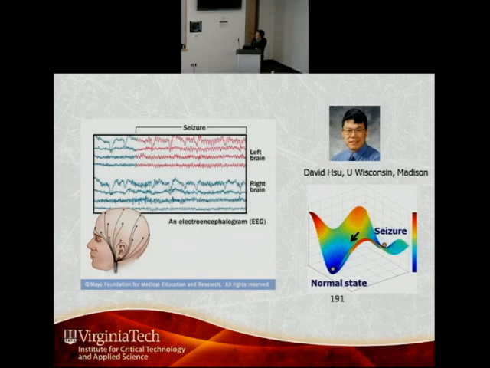So I talked with this neurologist, David Hsu, at Wisconsin Medicine. Interestingly, his background is that he first got a PhD in chemical physics, as I did, then got an MD and became a neurologist. So we feel, okay, this system is, from a chemical physics viewpoint, like a ball moving on a high-dimensional surface.